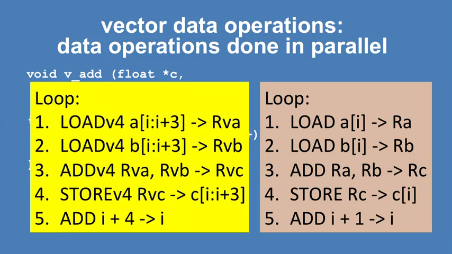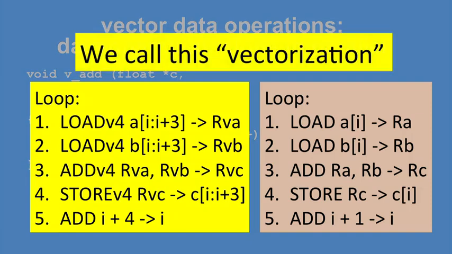We can pick up 4 at a time from each array, add 4 together in parallel, store back 4, and increment by 4. Each one of these instructions takes roughly the same amount of time, whether we're doing 1 thing at a time or 4 things at a time. So it's pretty obvious you'd like to do 4 things at a time. This is what we call vectorization. It's not rocket science when you look at it this way. It can be challenging to get your program to vectorize, but it's well worth the effort because you can see big advances in performance.